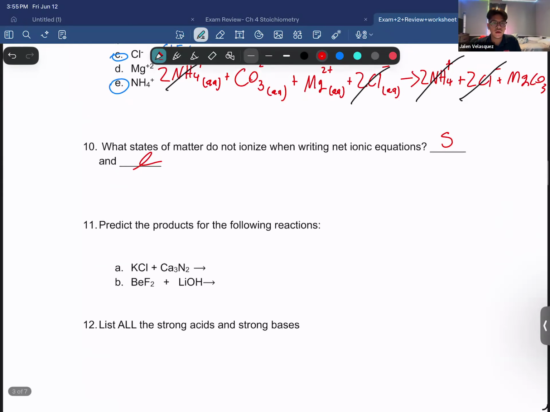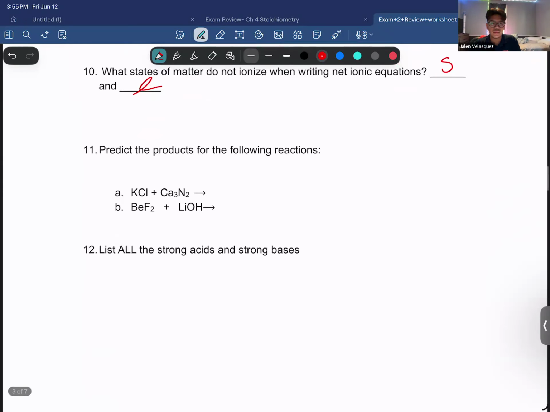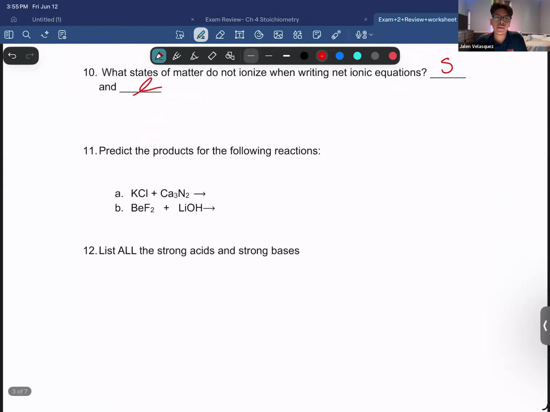All right. Number 11, predict the products and balance these reactions. So we'll go through this quickly again. So finding the products, again, these are double displacement reactions, right? So the K will go with the N, the Ca will go with the Cl.